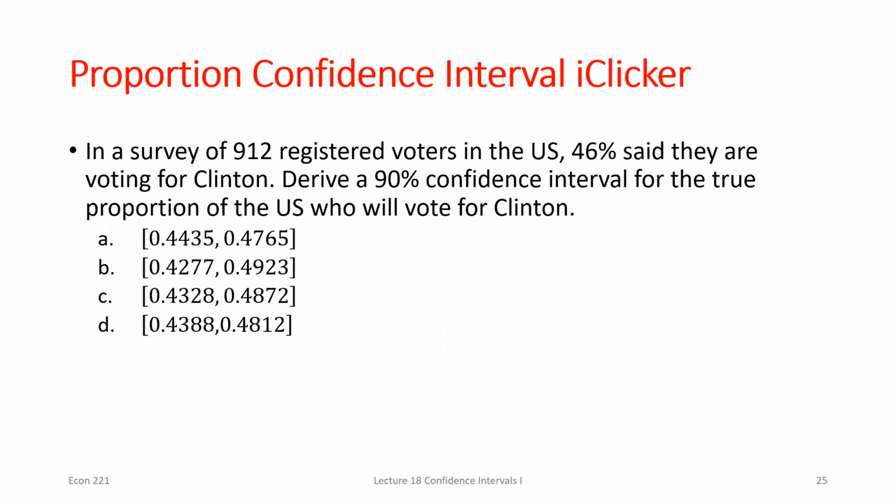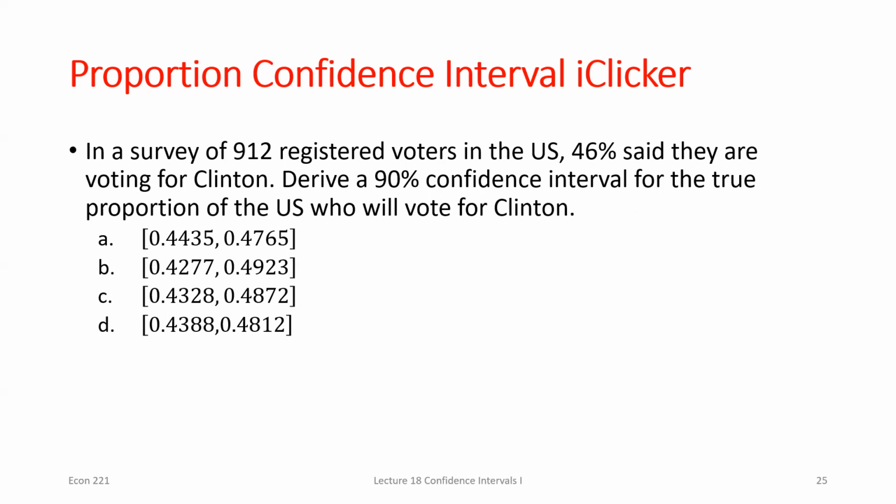Our sample size, 912, right? And we wanted a 90% confidence interval. So my alpha is what? 0.1. Yeah, 0.1. Well, notice I've got everything I need except for the z-value, right? I've got my sample proportion, I've got my sample size.